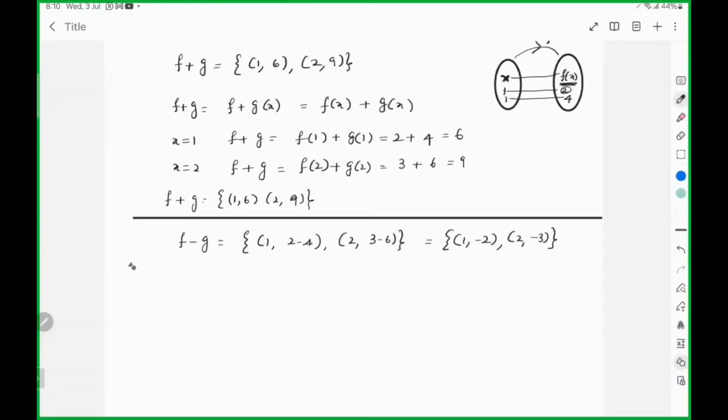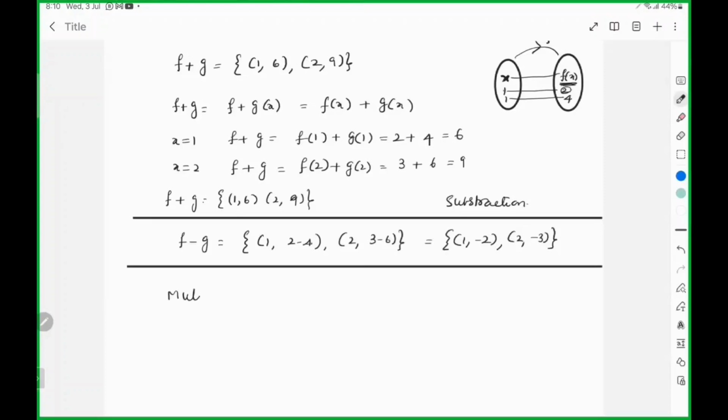Next one is multiplication. How it is defined: fg of x is a game played over only y values, not on x values.